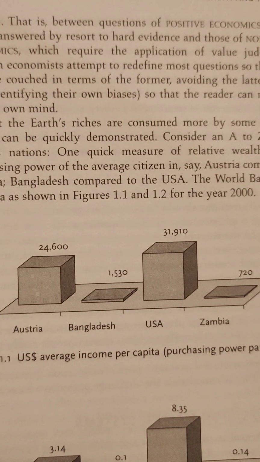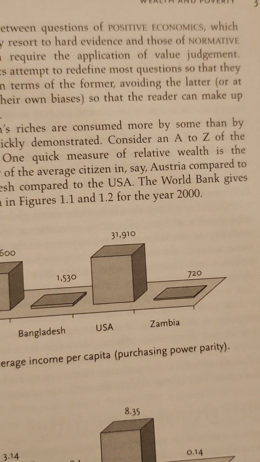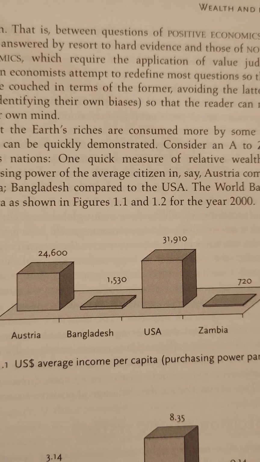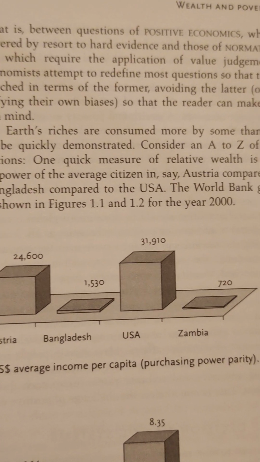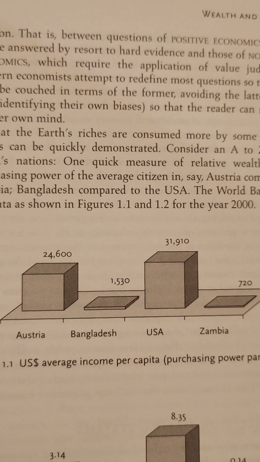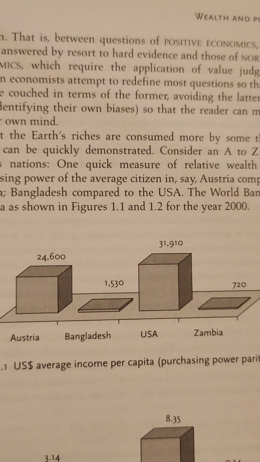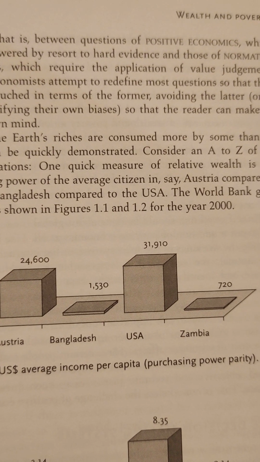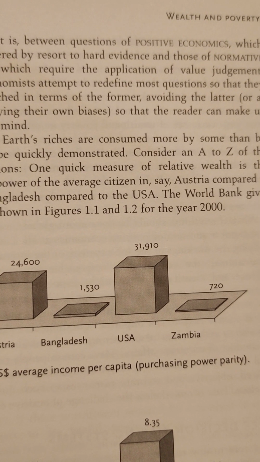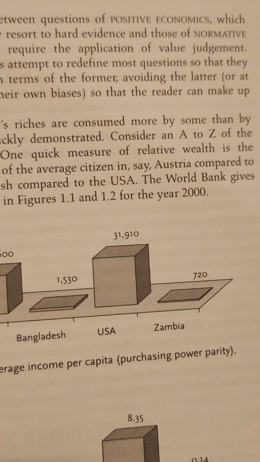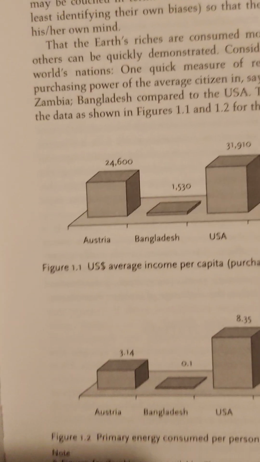US dollar average income per capita, purchasing power parity. So, if you compare Austria with Zambia, for example, it is 24,600 for Austria, Bangladesh is 1,530, USA is 31,910, and Zambia is 720. So one can know where one stands.